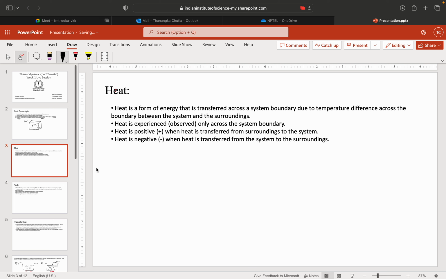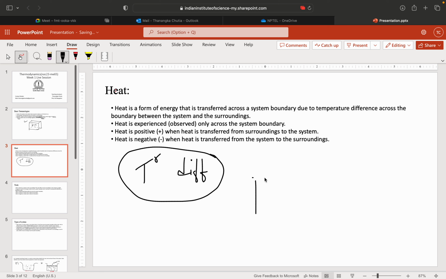Now, next is what is heat? Heat is a form of energy that transfers when there is a temperature difference. Remember, if there is no temperature difference between any two bodies, then heat transfer will never take place.